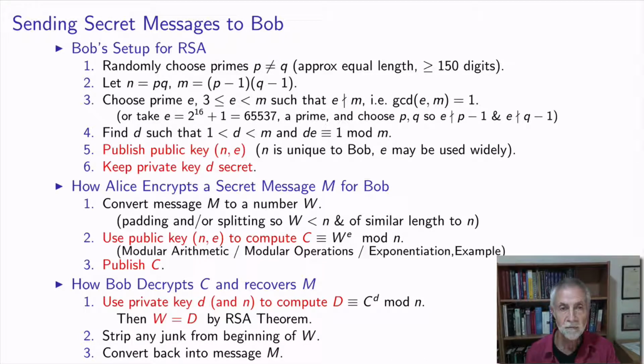Bob is the only person who can actually decrypt C back into W and hence into M. And what Bob does is he uses his private key. He takes the number C, raises it to the power D, and works out the remainder modulo N. And then, by the RSA theorem, which we're going to prove a little later, W, in fact, is equal to C to the power D modulo N. That is the RSA theorem.